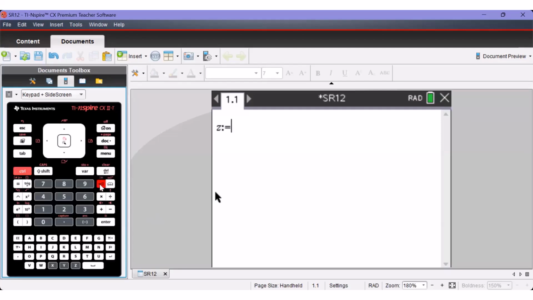We'll assign z to be -3 plus 2i. And to find the i, press pi, navigation pad, scroll across 1 to highlight complex number i, press enter, enter. Okay, so we've got z there has been assigned.